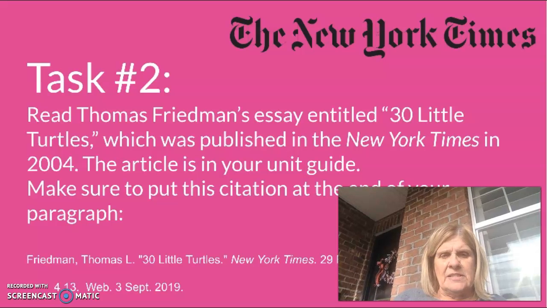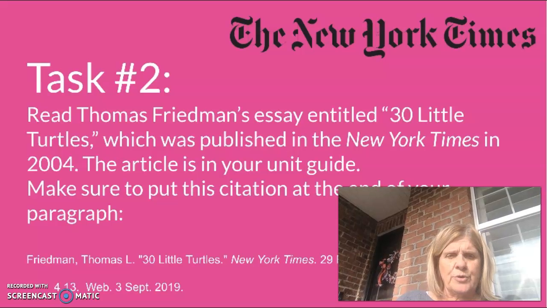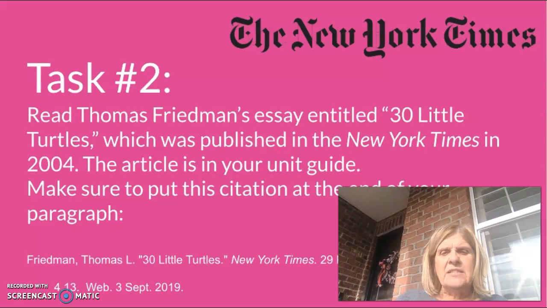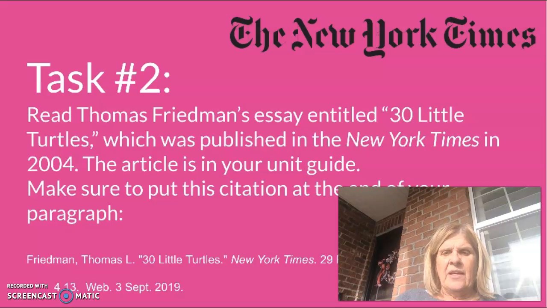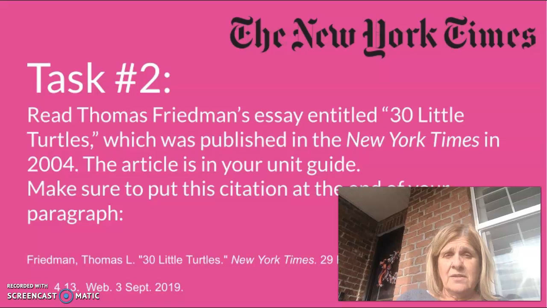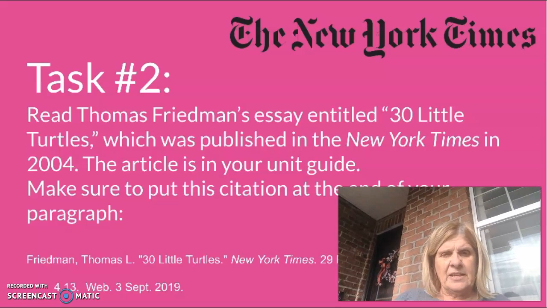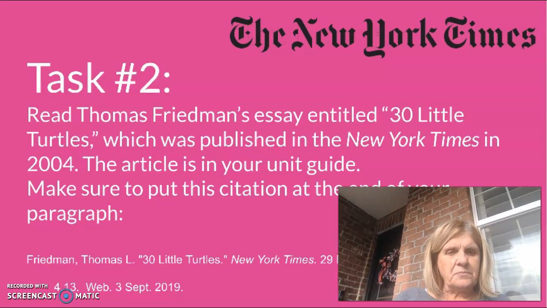The 30 Little Turtles deals with outsourcing our jobs here in the United States to third world countries to save labor costs. So would you read it? And then using your knowledge of how to write a summary, type up a summary paragraph that's modeled after slide number 4, sample, and the sample on teenagers and tattoos that I included for you to look at. So both of those assignments, again, will be graded and submitted to class next time.